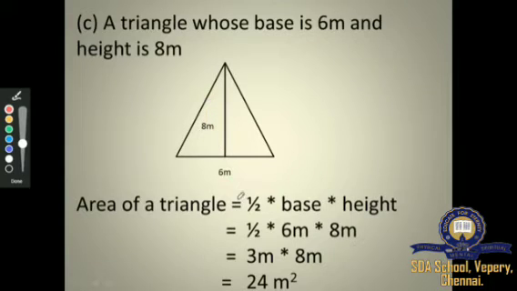Here 2 and 6 can be cancelled. 2 ones are 2, 2 threes are 6. So 3 meter into 8 meter, which is equal to 8 threes are 24 and meter into meter is meter square. So area of a triangle is equal to 24 meter square.